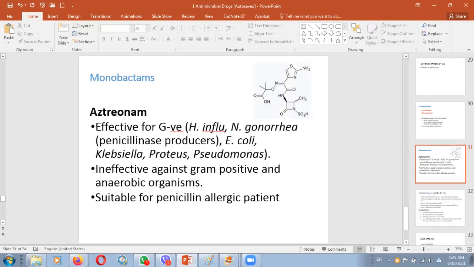Monobactams. This group of drugs actually has only aztreonam as an example so far, which, as you said before, has a single ring in the structure.